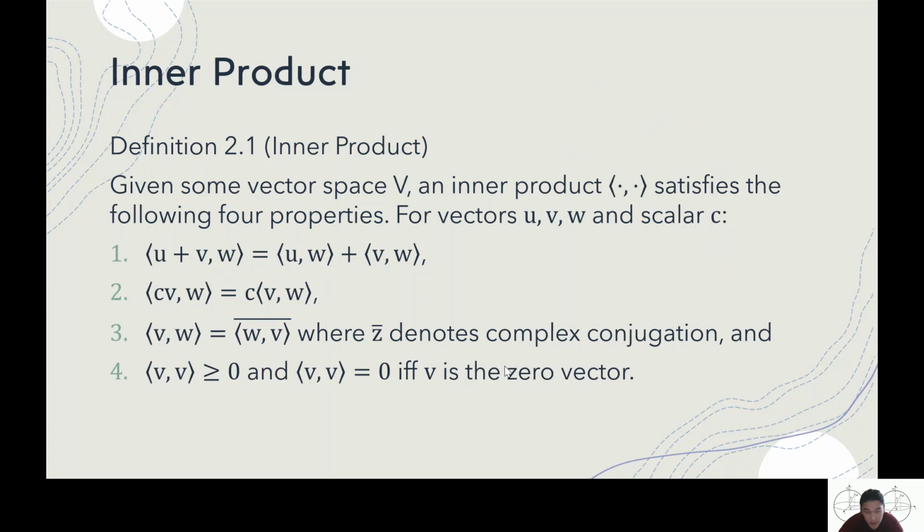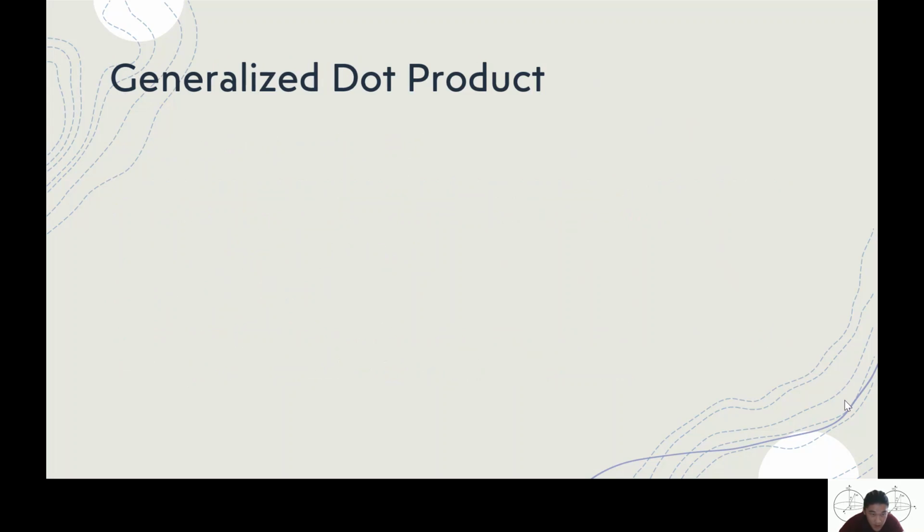Lastly, the inner product of a vector and itself is always greater than or equal to 0, and equal to 0 if and only if v itself is the 0 vector. This is the positive definite property of inner products. So those are seemingly a lot of new properties, but rest assured, I promise you this is a familiar concept. The inner product is essentially a generalized dot product.